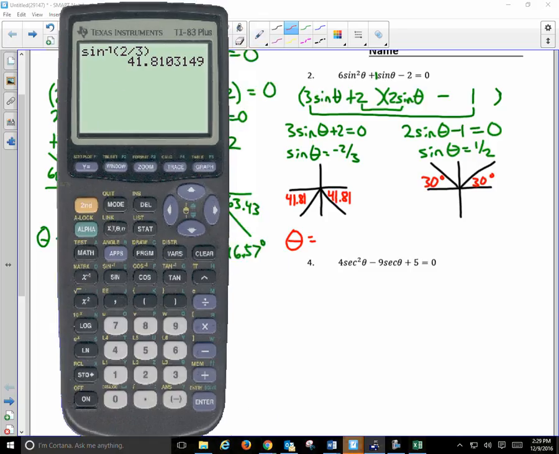Everybody see it? I'll add 41.81, I get 221.81 degrees. And then subtract, 360 minus 41.81, I get 318.19.